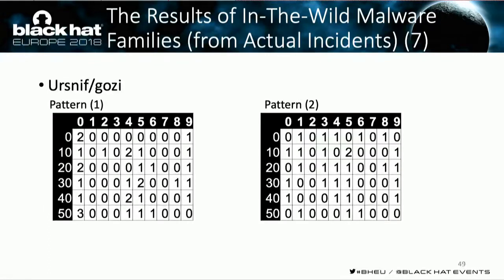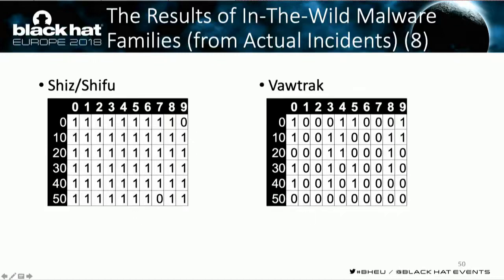From now on, let's take a look at banking Trojans. First, ASNIF. These are a little bit complicated patterns like this. It connects 2 or 3 minutes in a row, and it sleeps for several minutes, like this. Next, Sheet or Sheaf.